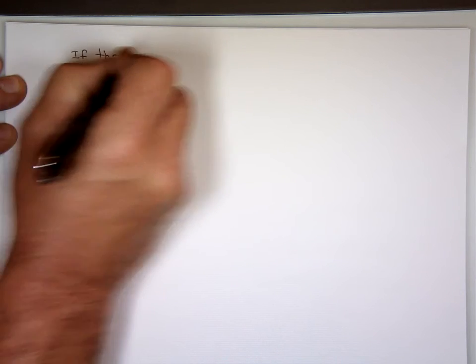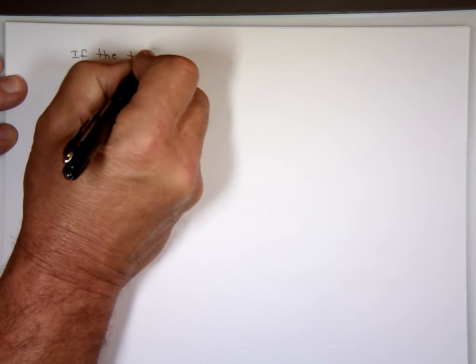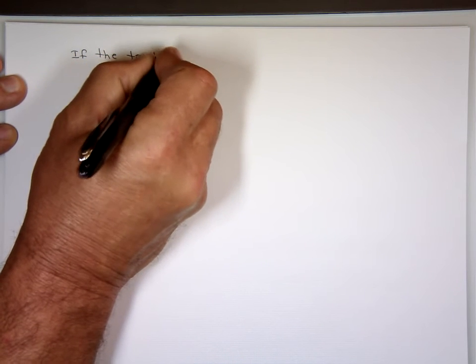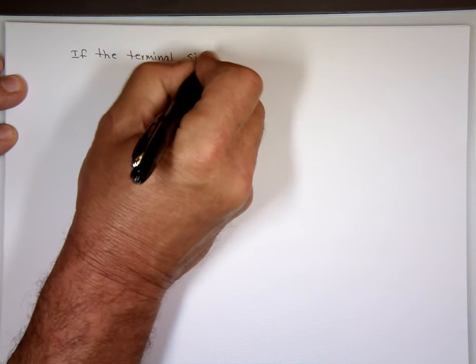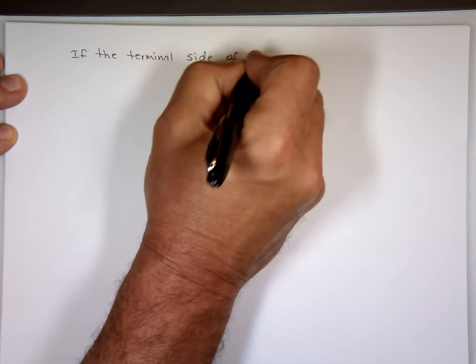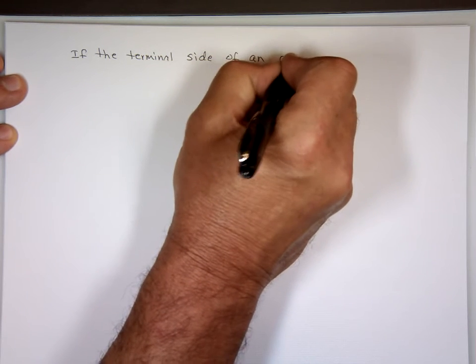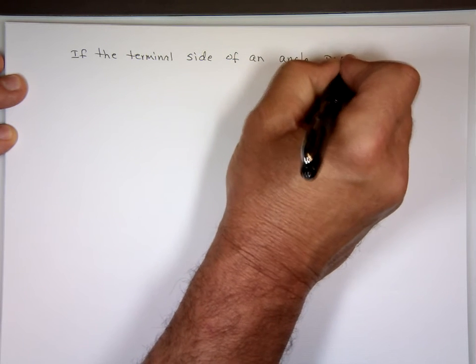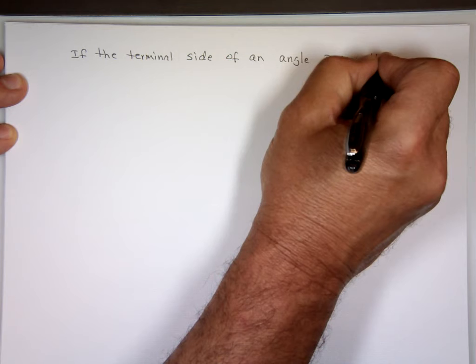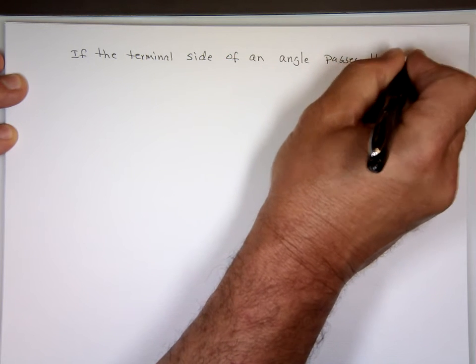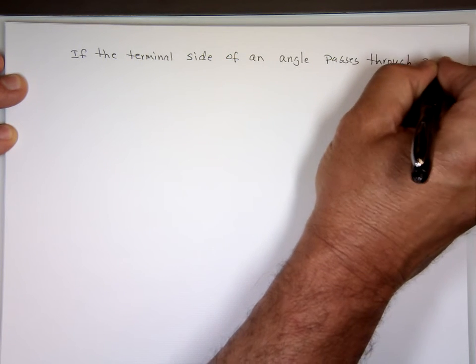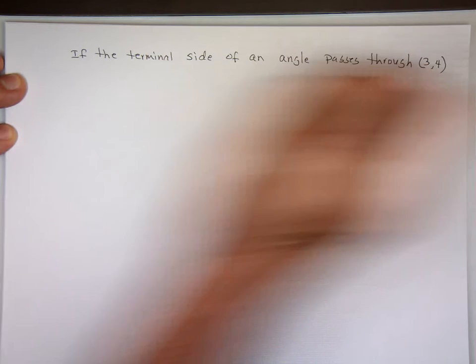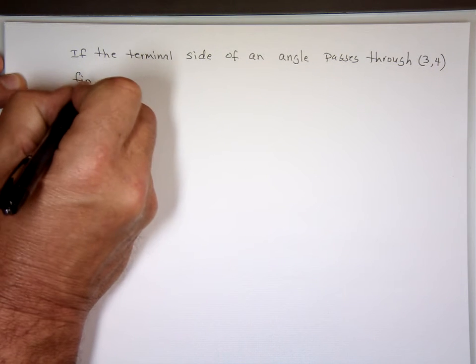If the terminal side of an angle passes through (3, 4), the point 3, 4, find what?